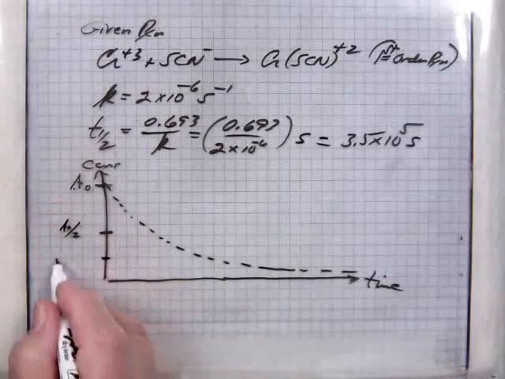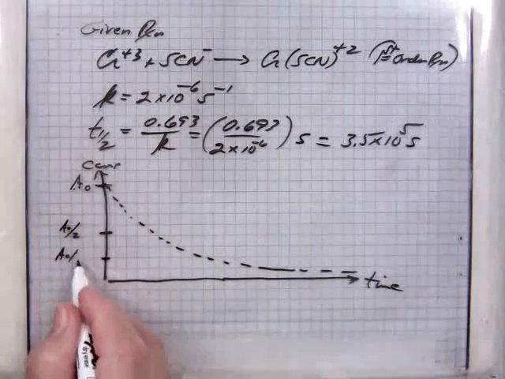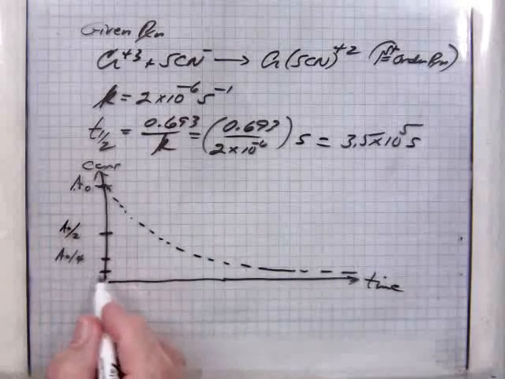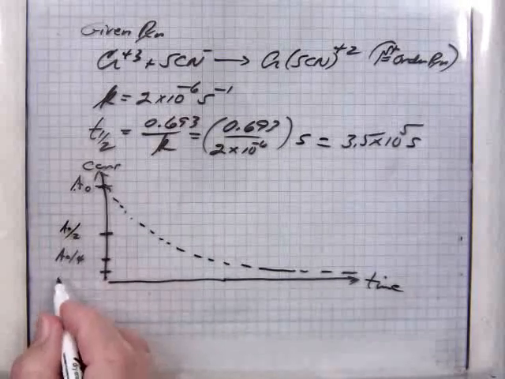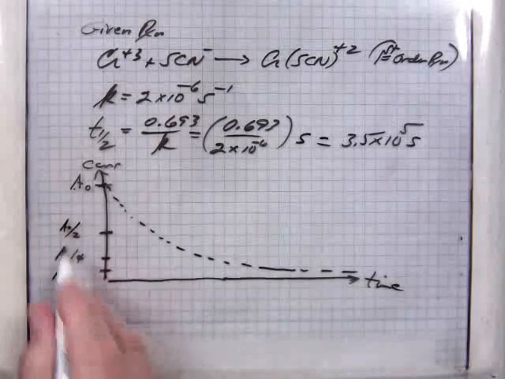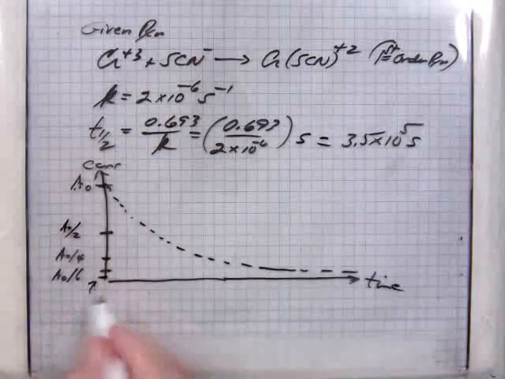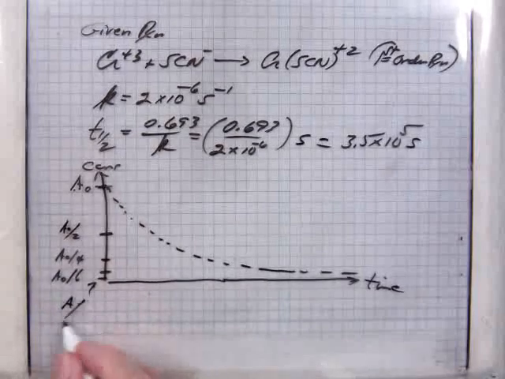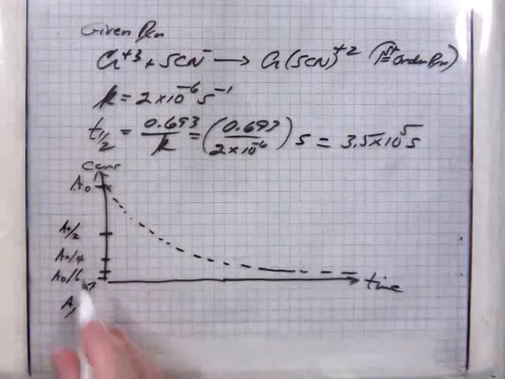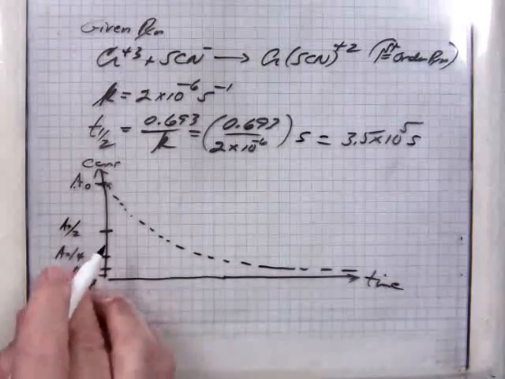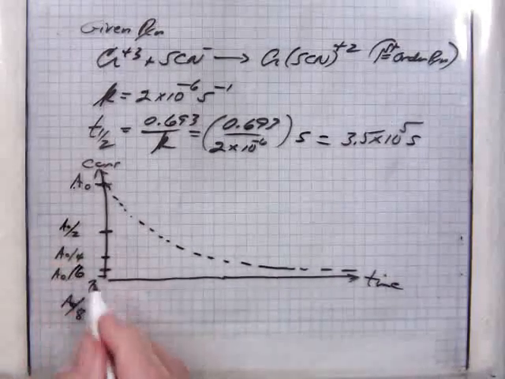Second half-life, A naught over 4, and then third half-life, that's A naught over 8, and then your fourth half-life, A naught over 16.